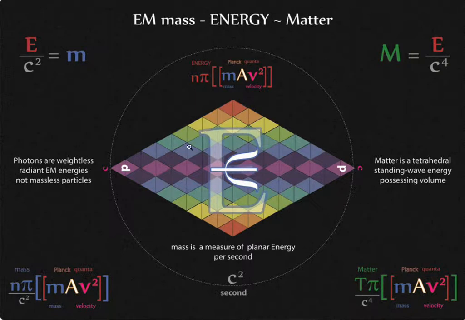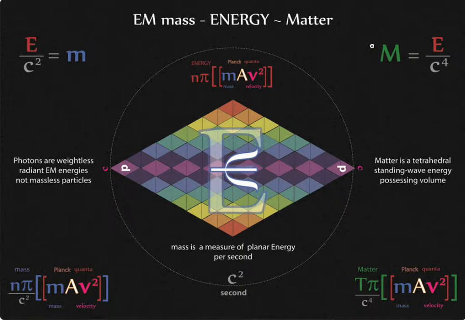In Tetryonics, we clearly defined mass as a measure of energy, as a two-dimensional measure of energy per second, or per c squared. They're planar mass energies, and whether it's mass or energy that you're measuring is dependent on whether you're using a unit of time for the measurement or not.